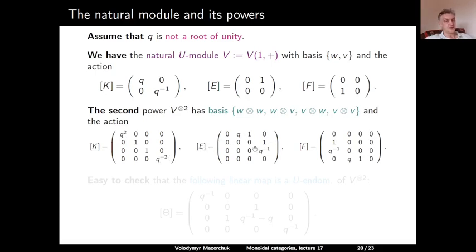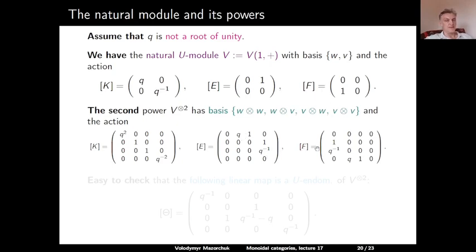E acts as the following matrix, 0, q, 0, 0, 0, 0, 1, 0, 0, 0, q inverse, 0, 0, 0, 0. So this q appears because in order to define the action of E on the tensor product, we need to use the comultiplication. And then there will be some K inverses appearing, and K acts as q or q inverse. So this is why we have this q and q inverse appearing here.